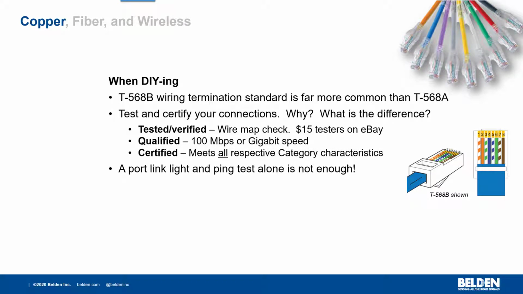When making your own, make sure that the connections are tested and certified, making sure that all of the wiring is mapped correctly to the appropriate pins, and if at all possible, make sure that you use a proper cable tester that ensures that the cable is terminated correctly to support 100 megabit, gigabit, or even 10 gig speeds. A port link light or a ping test alone is just not enough.